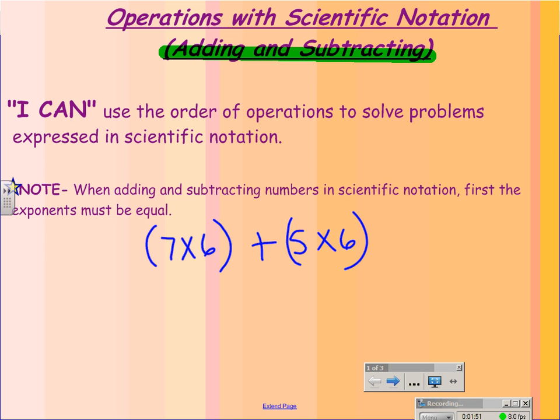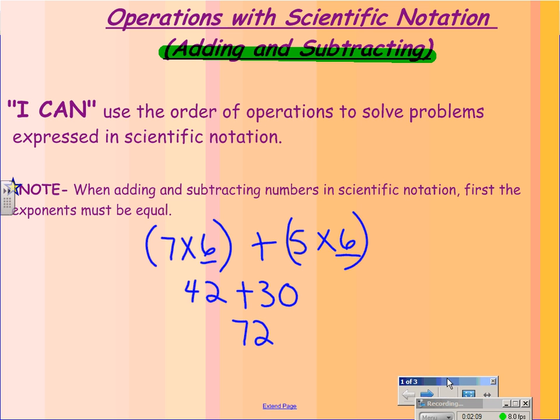What you notice is that the 6 is the same number. For our purposes today, that's going to be times 10 to some number. If I just did this problem, it would be 42 plus 30, which we know is 72. Everybody's okay with that.